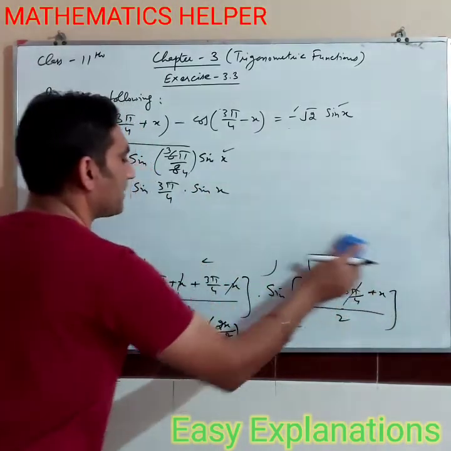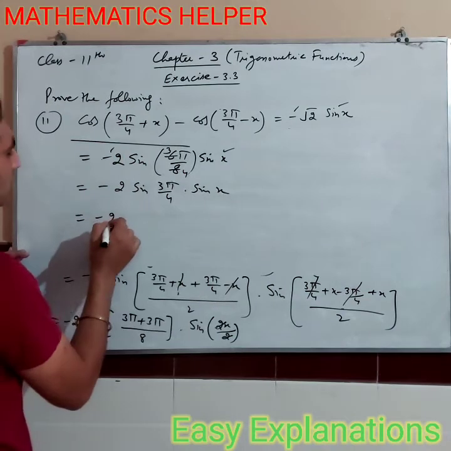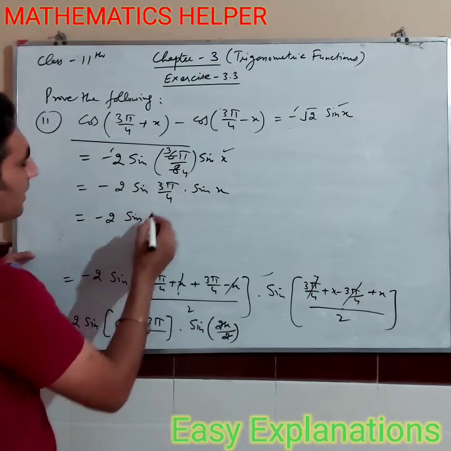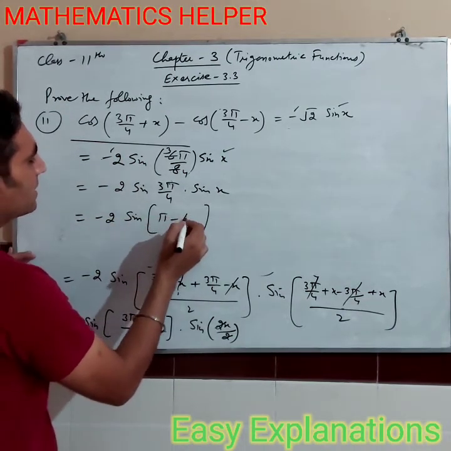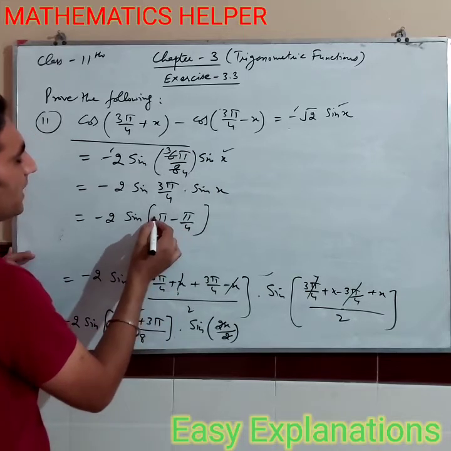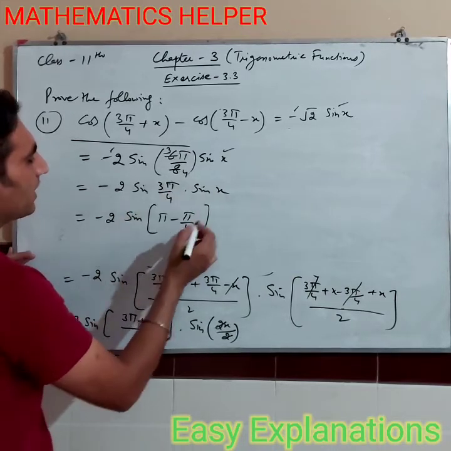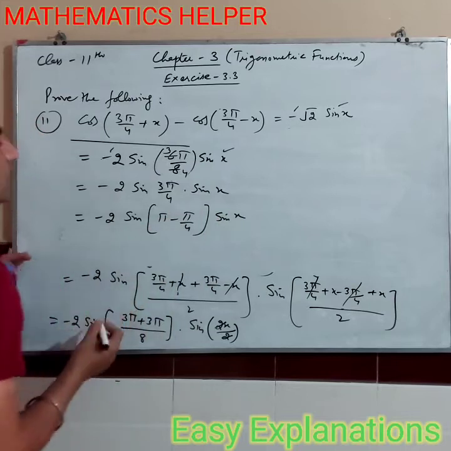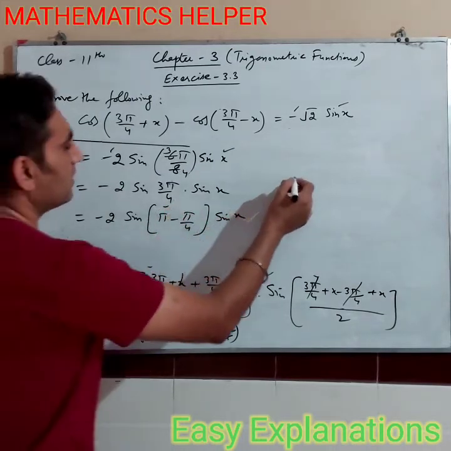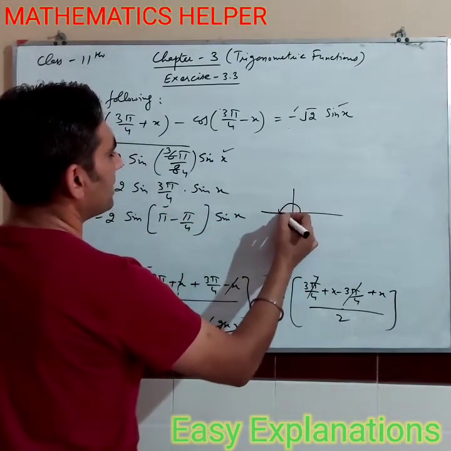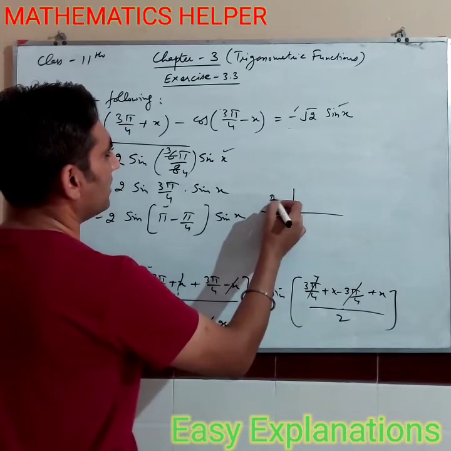I'm going to erase this lower part. Minus 2. This sin 3π/4 can be written as π − π/4. Because of this π, it means 180 degrees, up to this in the second quadrant.